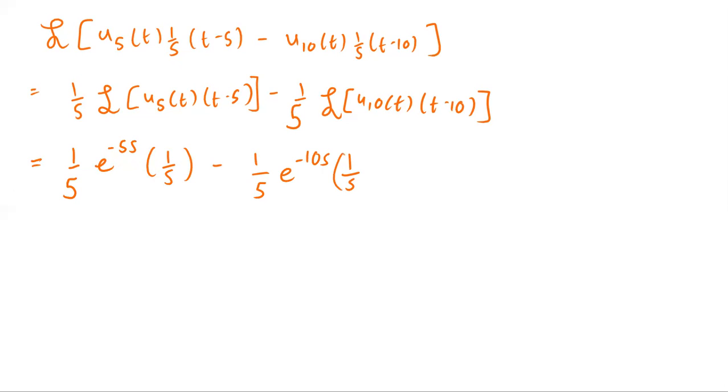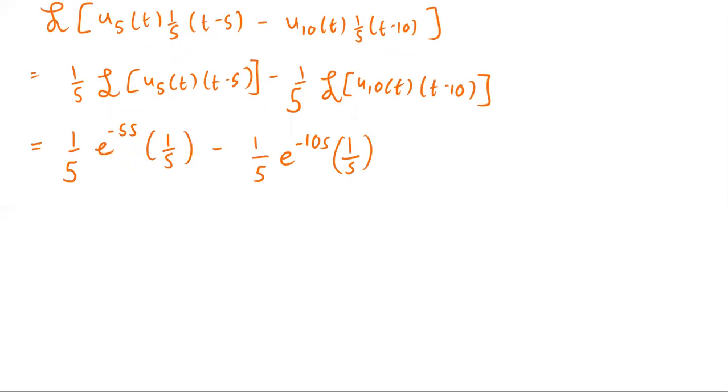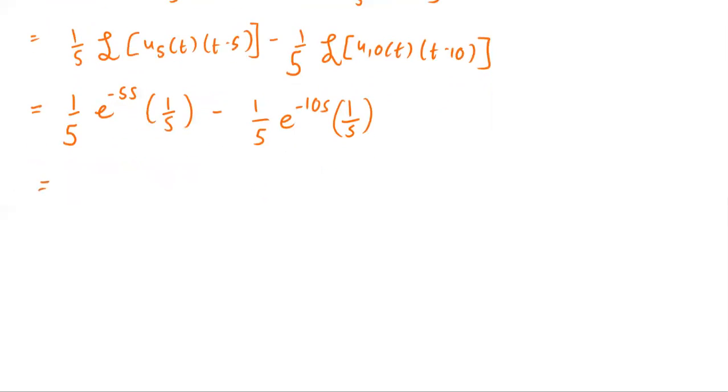Let me do that as a product. Okay. Now I'm going to simplify this. I'm going to factor all like terms, and I'm going to get a 1 over 5s times what's left over, e to the negative 5s minus e to the negative 10s.